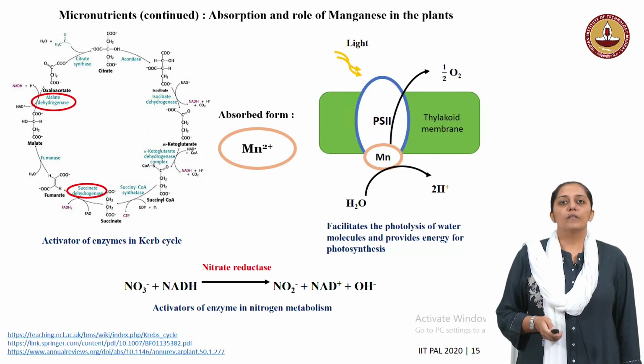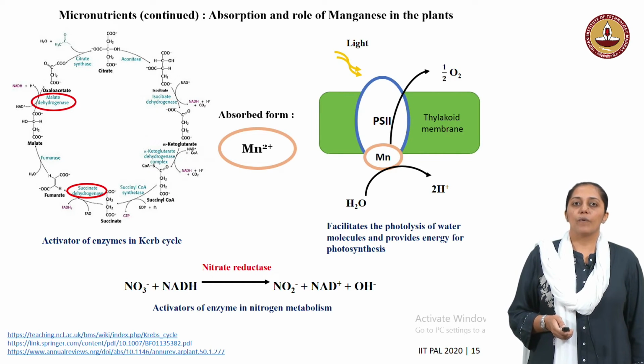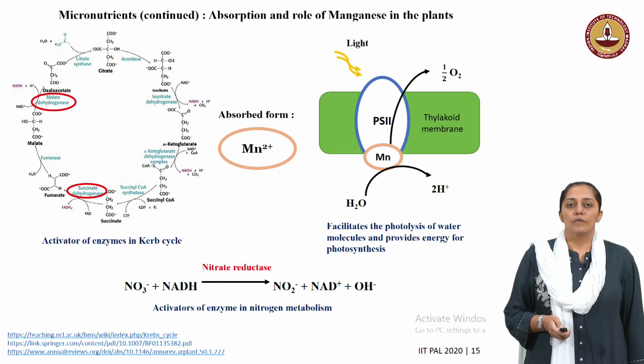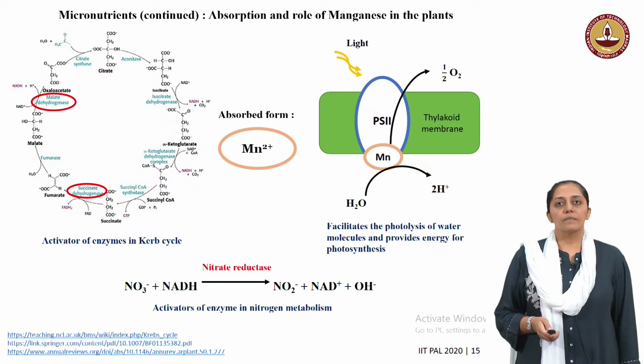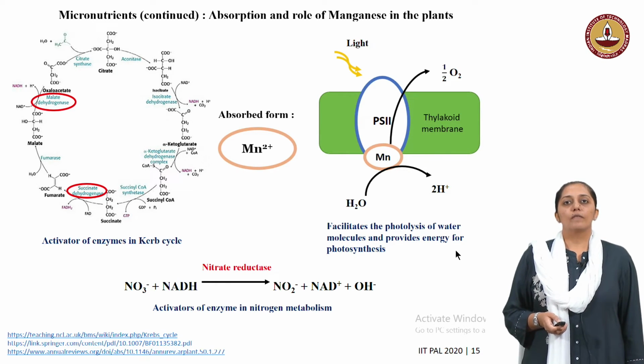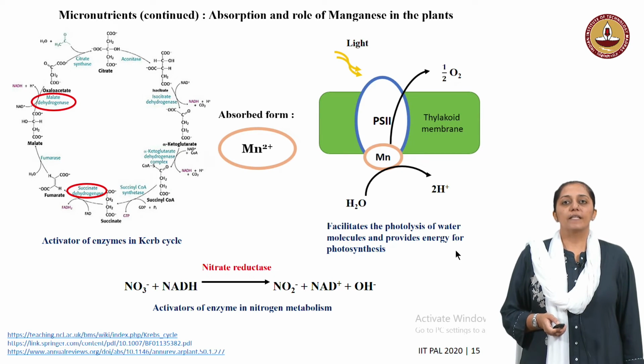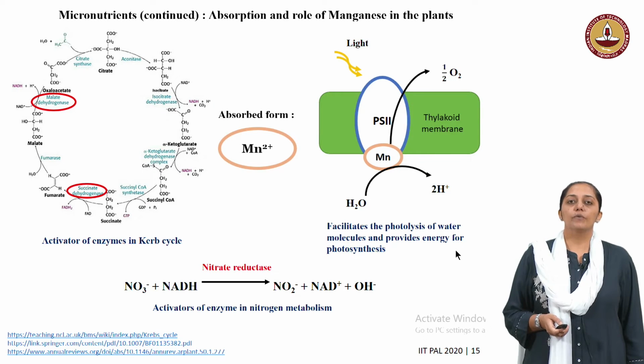It is also included as an activator for nitrate reductase, which is required during nitrogen metabolism. Manganese is also involved in the light reactions where it facilitates the photolysis of water molecules and provides energy for photosynthesis.